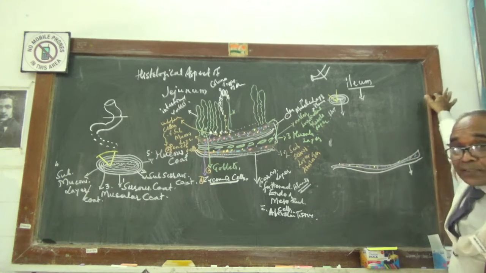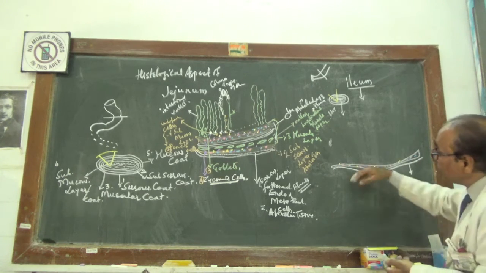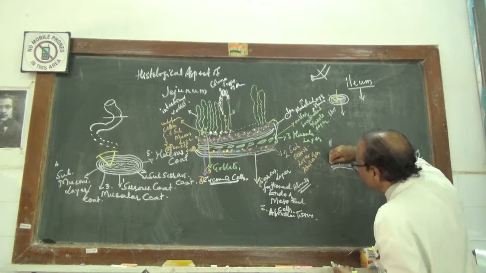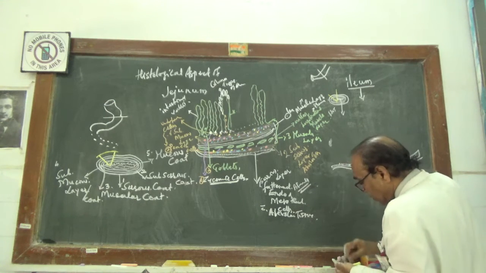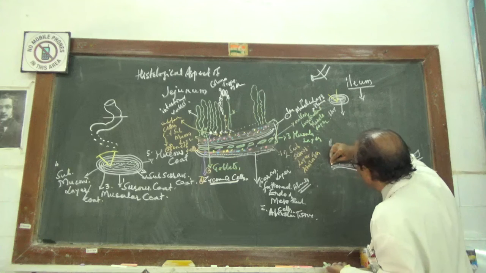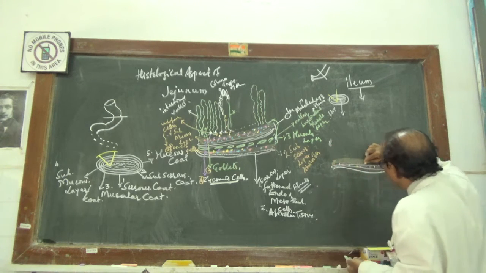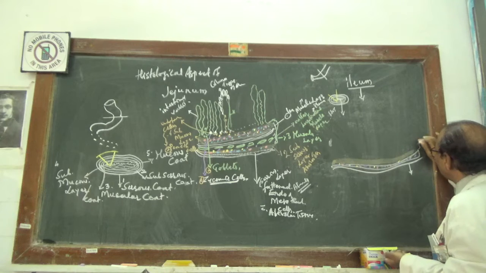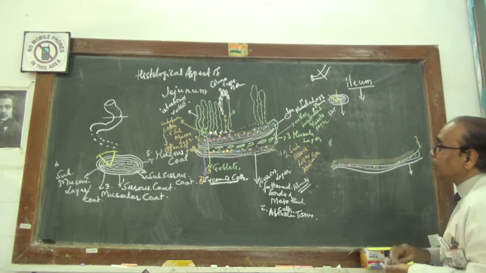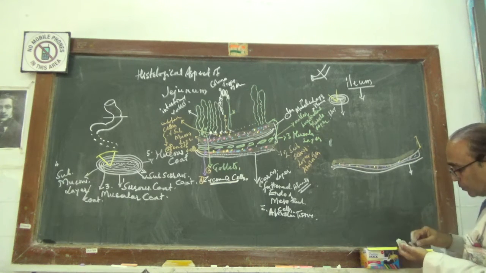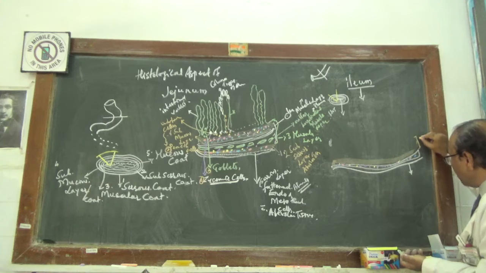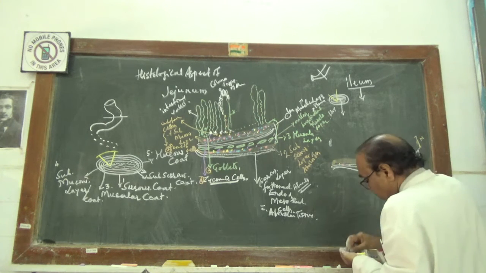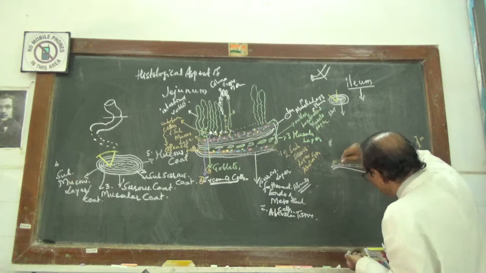After that, you will get the next, third layer, which is the muscular layer. In this muscular layer you will get two types of muscles.